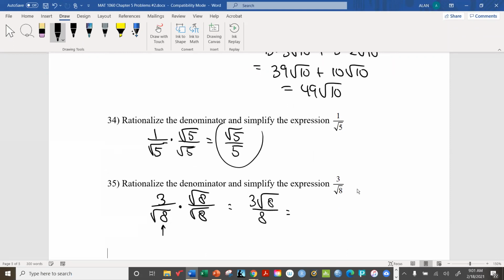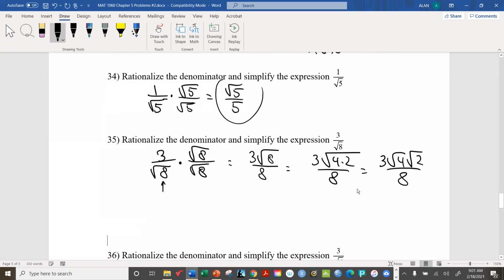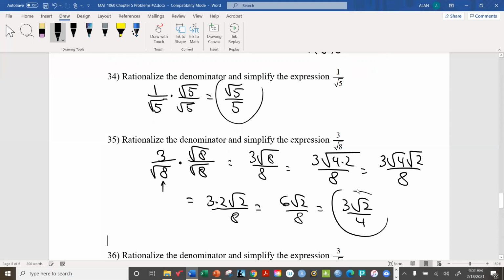We can take it one step further by recognizing that 8 is 4 times 2. And so what happens if we keep going is that we'll have 3 times 2 radical 2 over 8, 6 radical 2 over 8 equals 3 radical 2 over 4. And that's as simple as it's going to get.